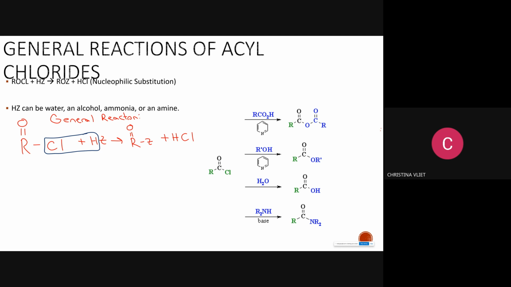So if we have water, what would Z be? If we had water, what would Z be? Remember, water is HOH. So Z would be OH, right? What if it was an alcohol? What would Z be? Let's try that one.